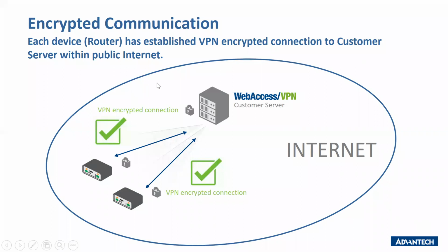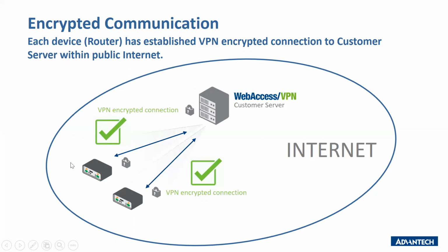So here's how it works. It's really simplified, but just bear with me here. With Web Access VPN, you get a piece of software from Advantech, and I'll show you the link, you can go get it today and either run it on AWS, on essentially an AWS server, or on your own machine on premise.